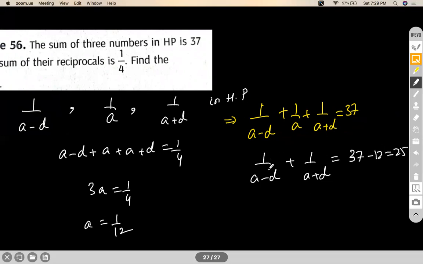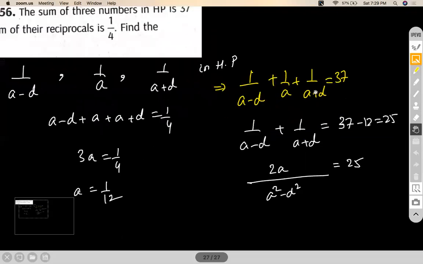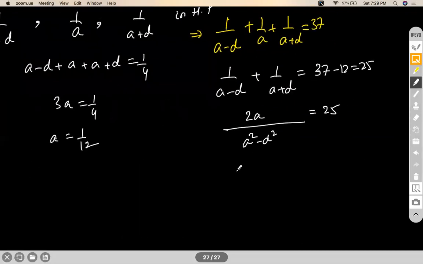Here also, if you take the LCM, you get A squared minus D squared, and on the numerator you'll end up getting 2A. This is equal to 25. Correct? Now let's check what happens here. 2A is nothing but 1/6. So 1/6 divided by A squared minus D squared, that is 1 by 144 minus D squared, is equal to 150. Am I right?